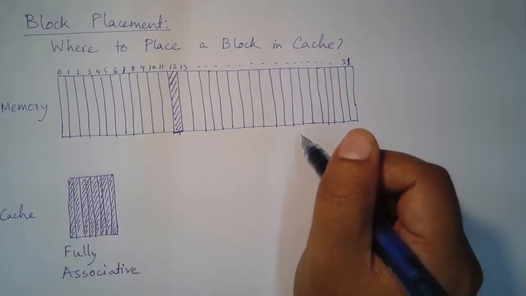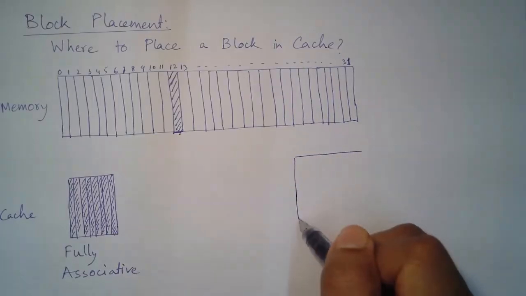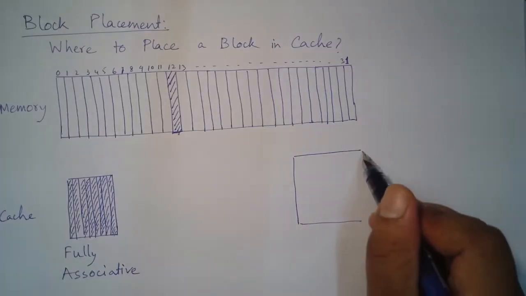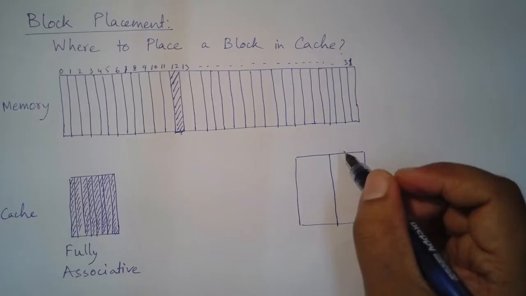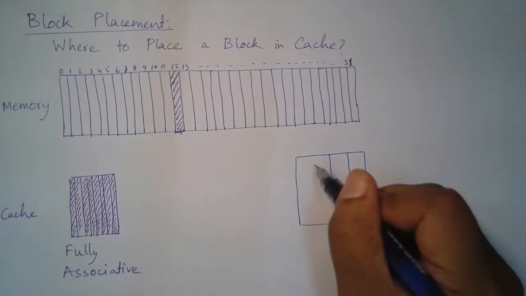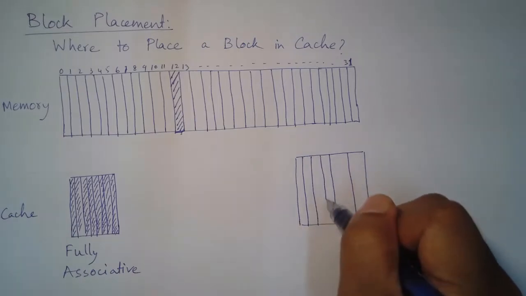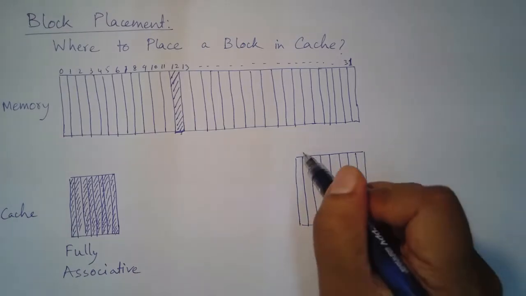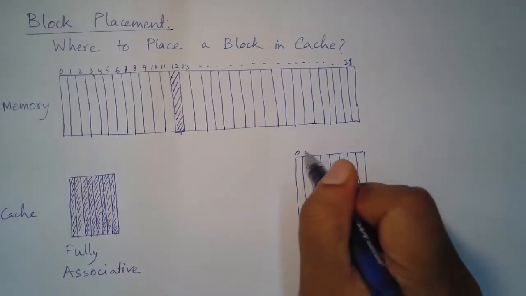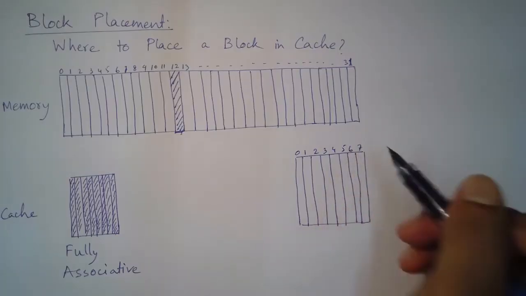The other extreme can be, again I have this cache which can store your blocks. So it is basically an 8 block cache, and the block numbers in the cache are 0, 1, 2, 3, 4, 5, 6 and 7.